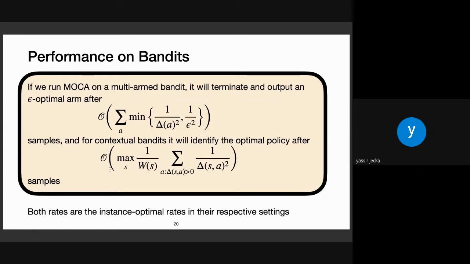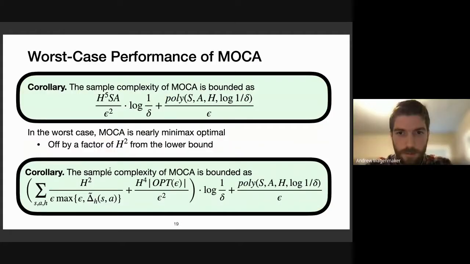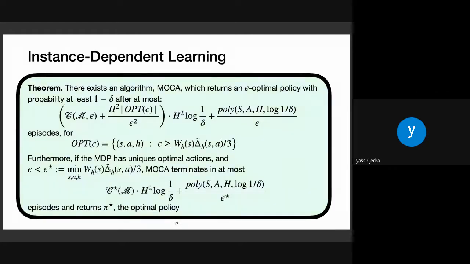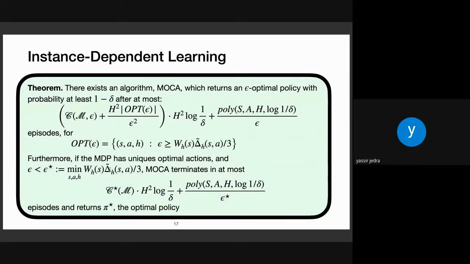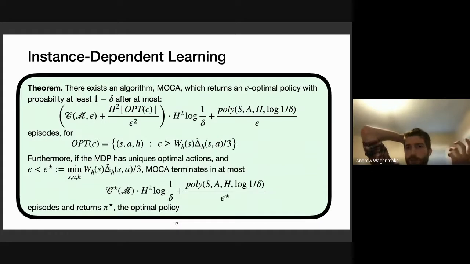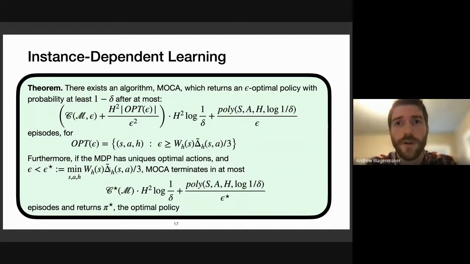And I have another question regarding the polynomial dependence you have. How much is that? Do you have an idea? Yeah, I think it's something like S to the 4th, A cubed, and then maybe H to the 6th. You can definitely improve it. We didn't focus on getting this polynomial dependence down. I think you could probably get it down to at least an S cubed, maybe even an S squared if you wanted, probably just by taking results out of existing literature that you might have to modify slightly.